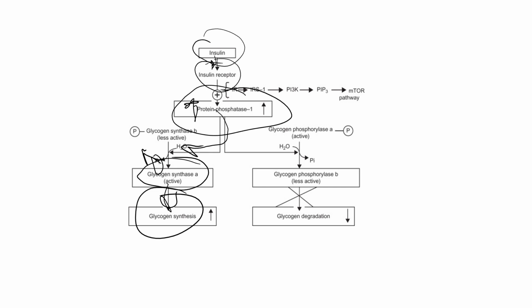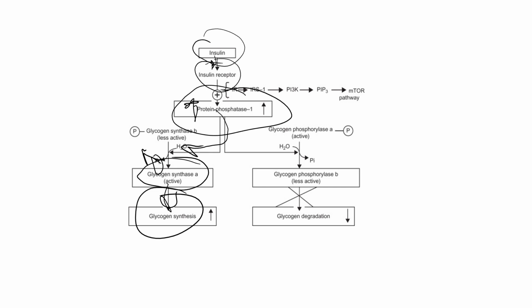If we make glycogen synthase, the enzyme, very active by covalently modifying it, removing a phosphate from it, then the likeliness that those glucose molecules coming into the skeletal muscle cell are going to be stored as glycogen substantially increases because the activity of that enzyme has increased.